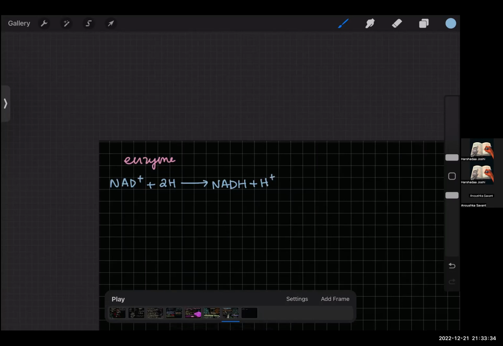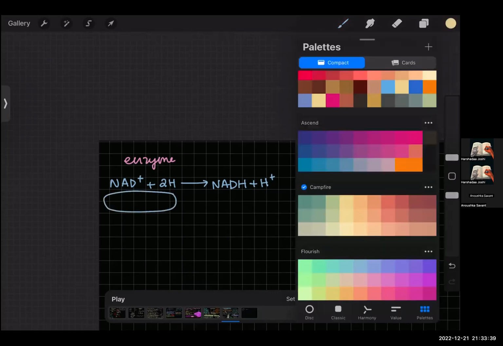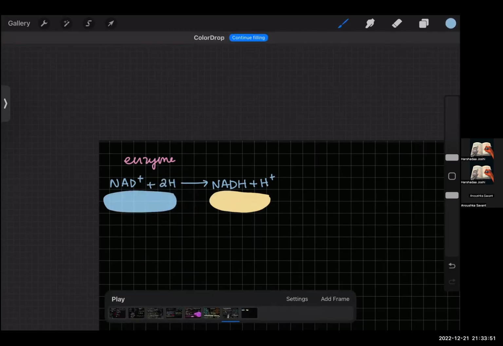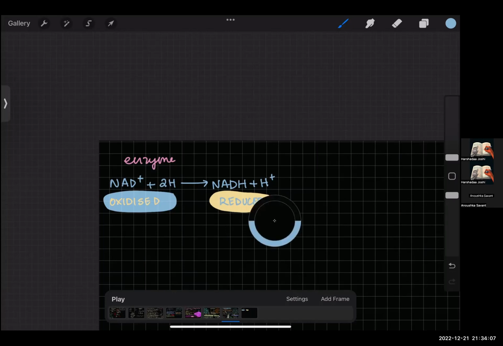So you are going to have this in the oxidized form that is now going to go and get reduced. So this is going to be the oxidized form that is going to go and get reduced. This is an important thing for you to remember in this entire series of reactions.